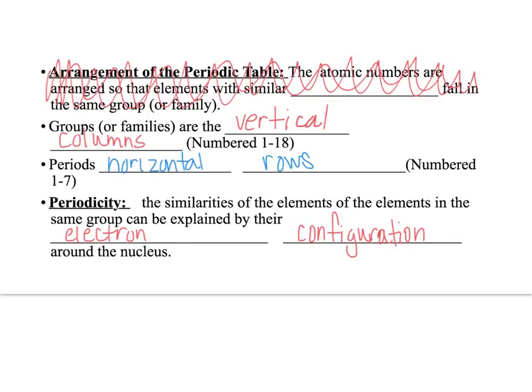And periodicity, which is a good definition to know for the test, is that the similarities of the elements in the same group can be explained by their electron configuration around the nucleus. And I noticed that I got some of the elements in here twice, so let's cross that out. And so we have to make sure we know which ones are groups, which ones are families. So make sure you know those definitions as well.